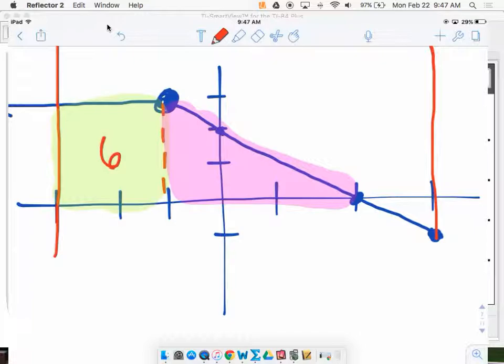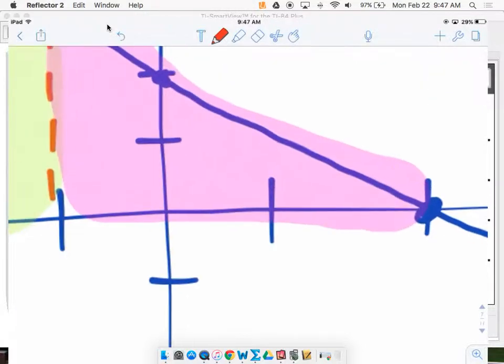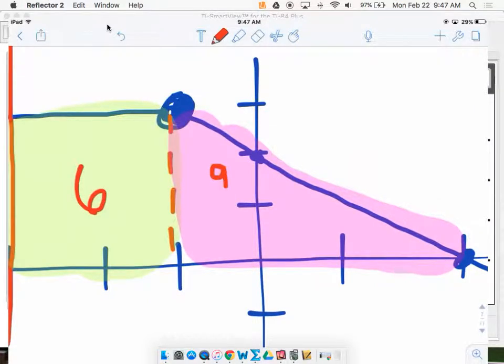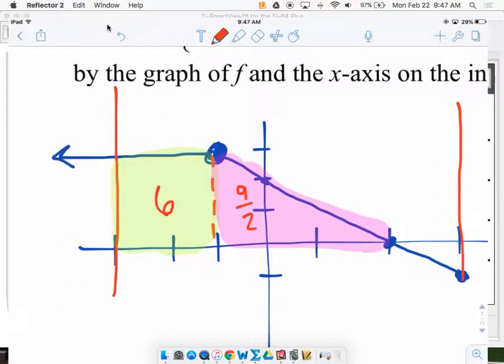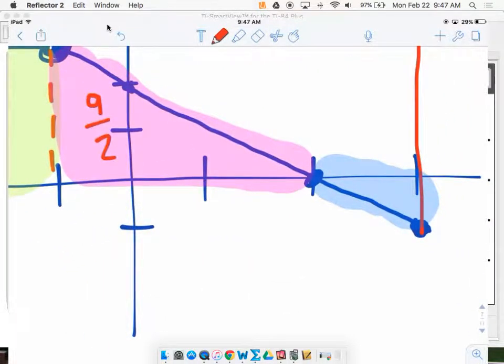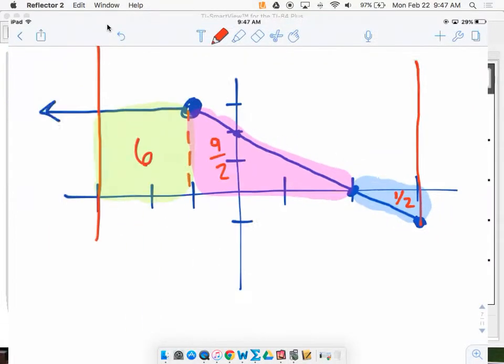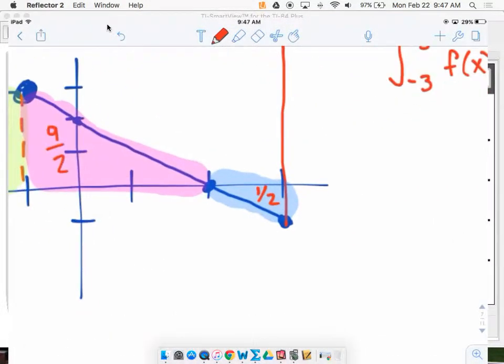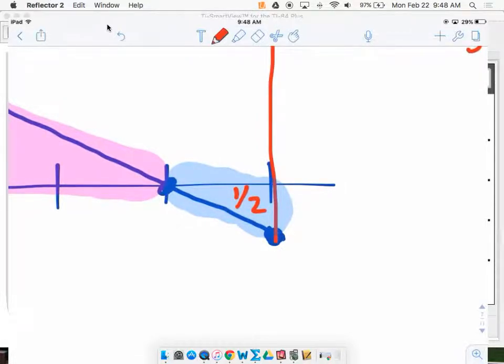So 3 over 2 times 3 is 9 over 2. We okay with that? And then what about the last little triangle here? One half, good. The base is 1, so half of that would be a half times the height, which is just 1. So it's a half.